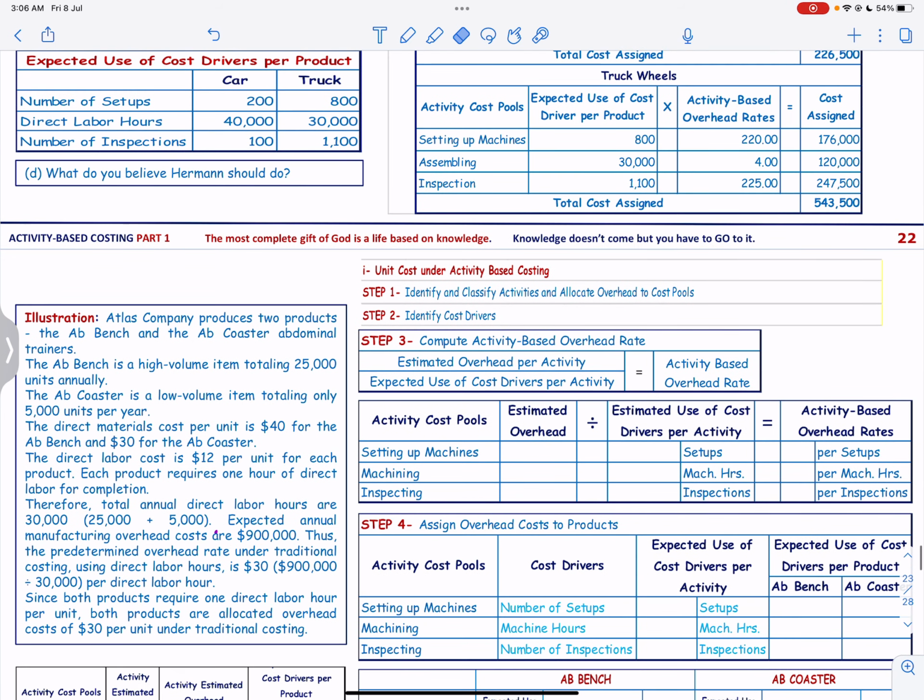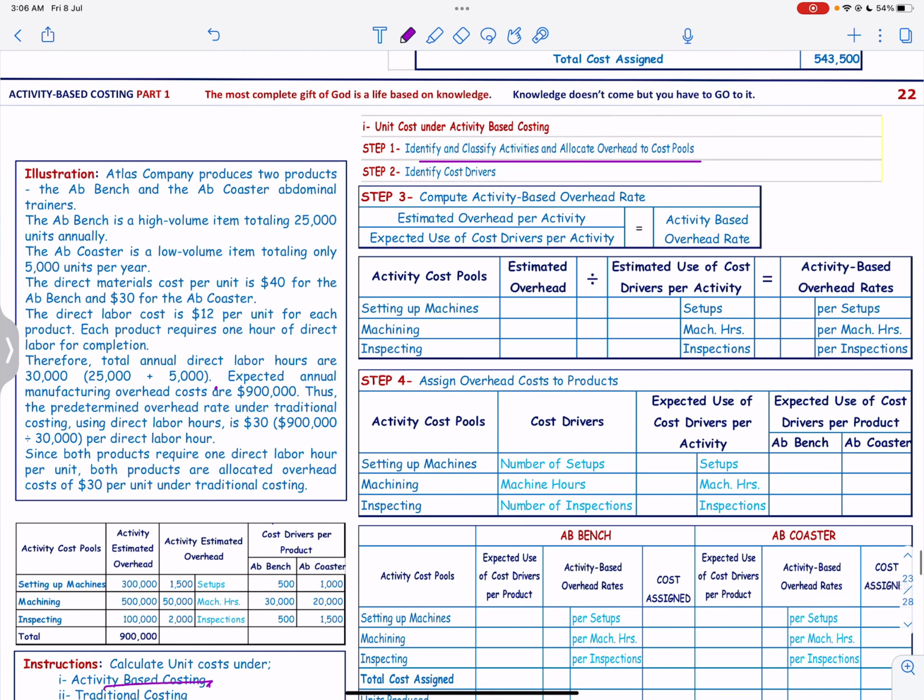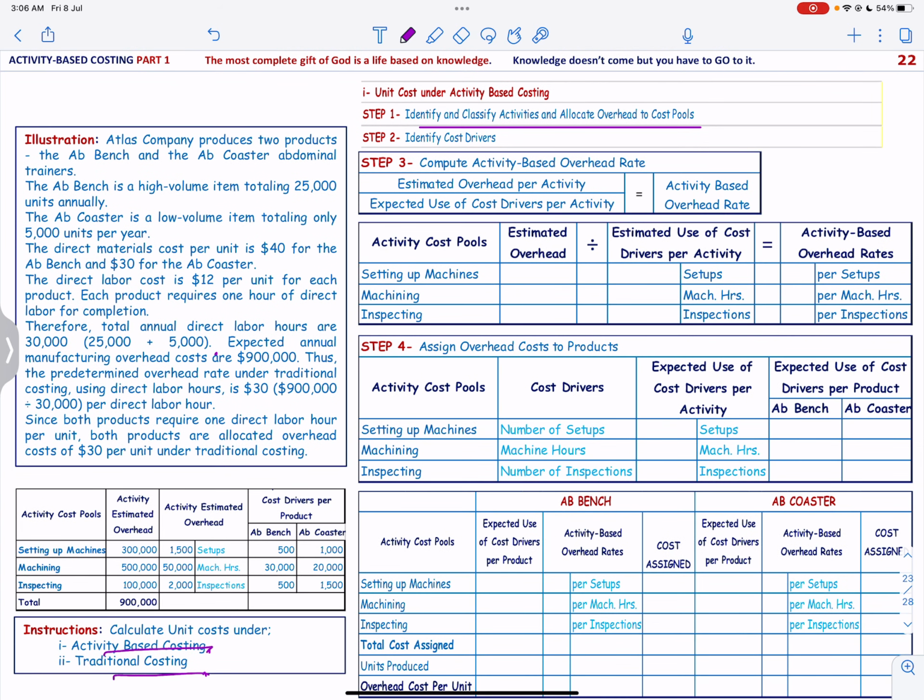And the first step is to identify and classify activities and allocate overhead to cost pools. So if you look into it, we have the activity cost pools, and we also have the activity estimated overheads.